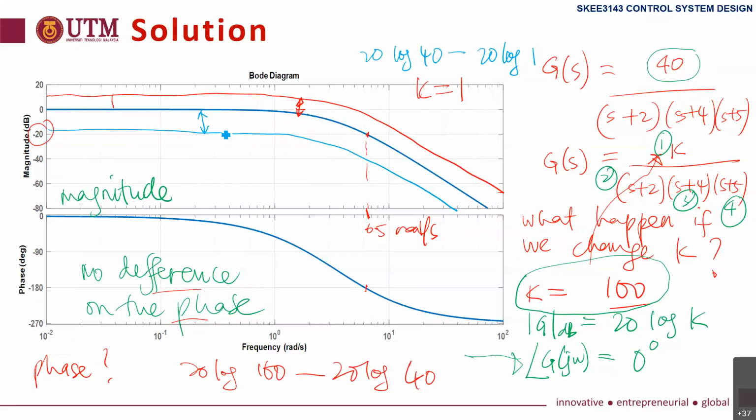In parallel, all points will be increased or reduced by the same value. But the phase will have no difference, will remain, because K contributes 0 degrees. Right? Any question before I proceed?